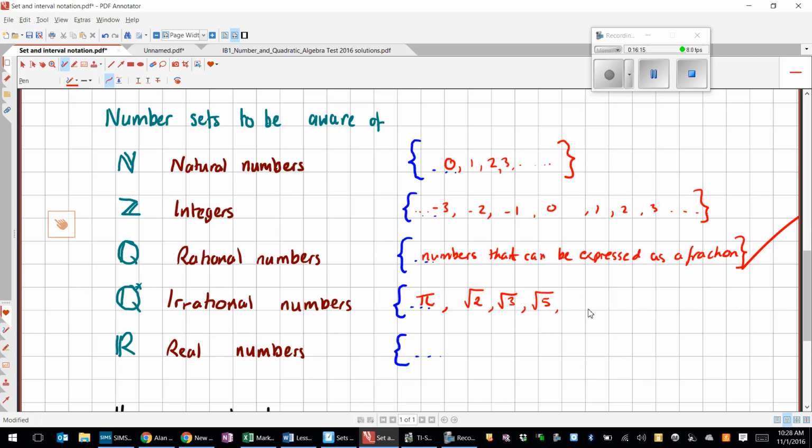There are others like the number e. There's a number e. Like pi, it's given a letter. Anyone heard of the golden ratio and all that? Golden ratio is a ratio that appears in nature.